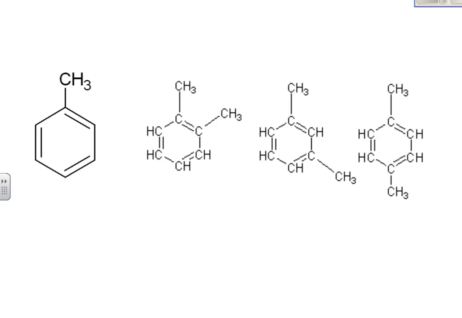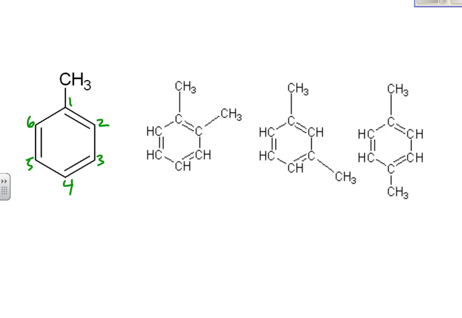So we would call that position 1. This would be position 2, position 3, position 4, position 5, and position 6. So if we were to add something else onto here, like perhaps a chlorine, we could say it would be a 1-methyl, 2-chloro, I guess we should do it alphabetically, 2-chloro, 1-methyl benzene. So that would be one option.